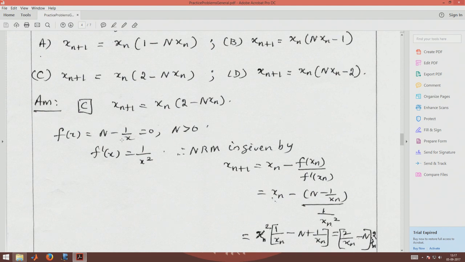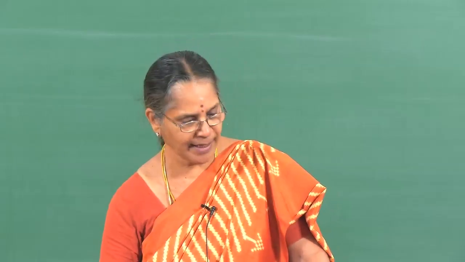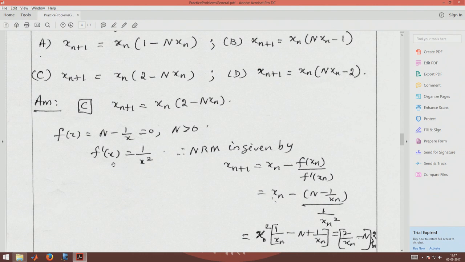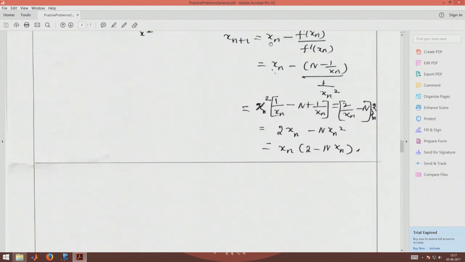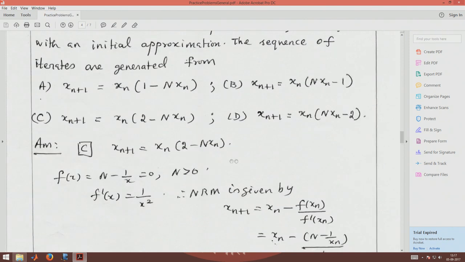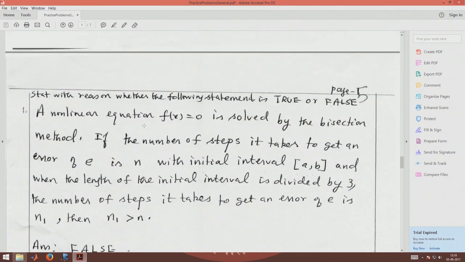So, the equation that you want to solve is x is equal to 1 by n, or the equation is n minus 1 by x is 0. Compute f dash of x, substitute in the Newton-Raphson method, x_{n+1} equal to x_n minus f of x_n by f dash of x_n, and that gives you this, and that appears as one of the results, namely C, and so you can fill in and say that the answer is C.